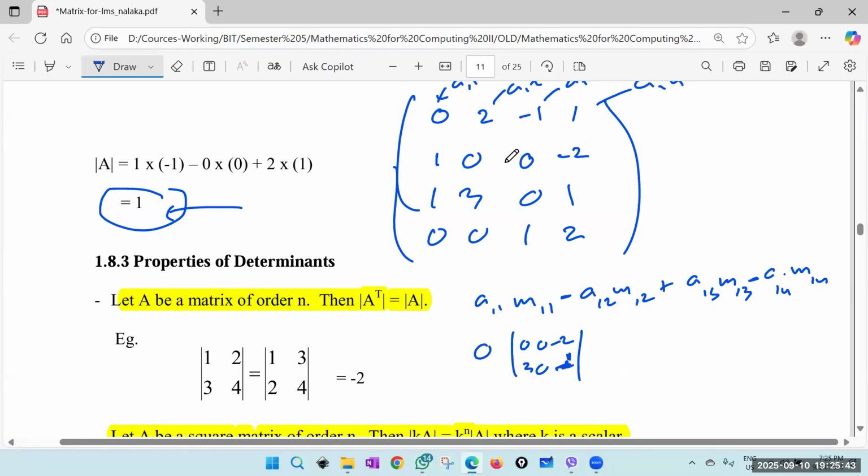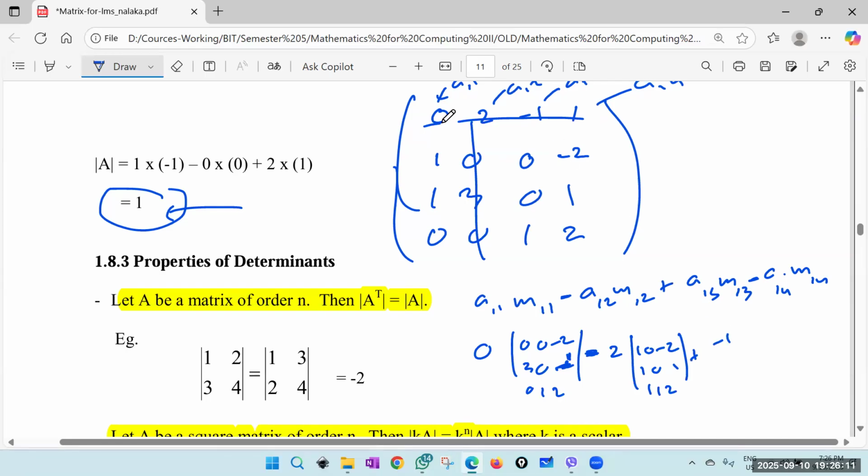Remember we have shaded this one and this one. Then 0, 1, 2 minus A12, that is 2 times a determinant of, you shade this and this, 1, 0, minus 2, 1, 0, 1, 1, 1, 2, and plus A13 minus 1 times.